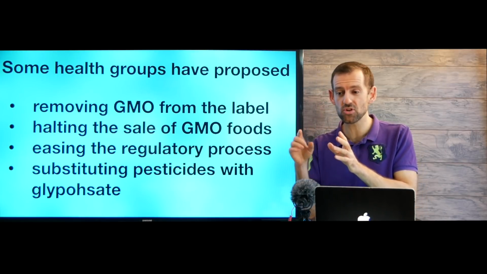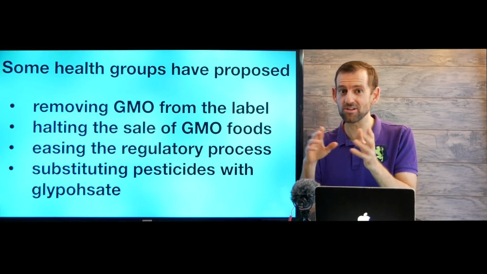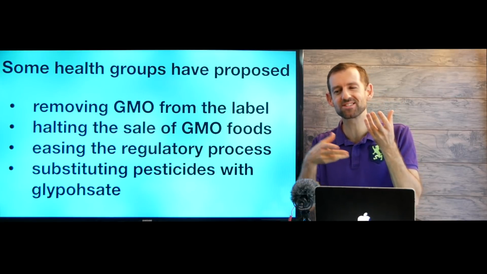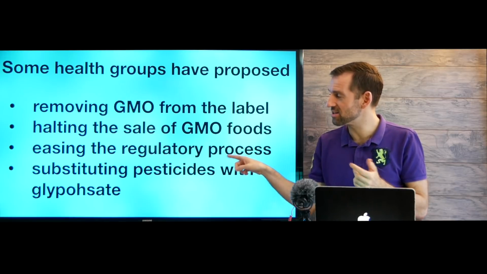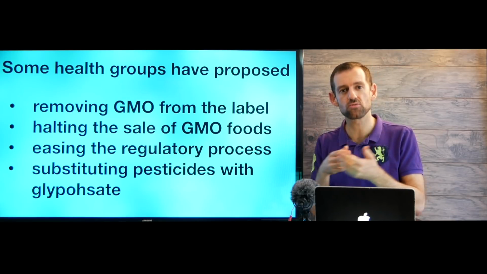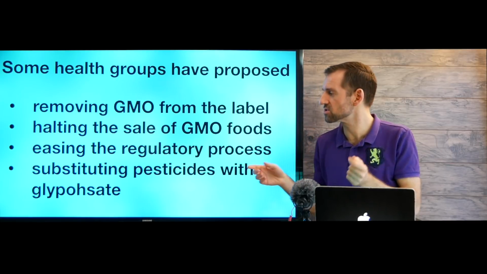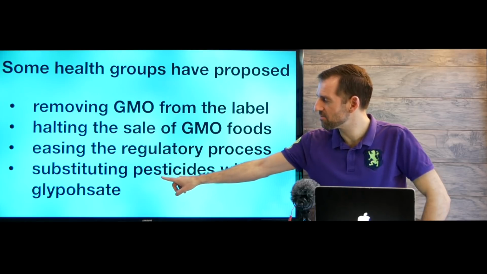Okay, they want to make sure that the regulatory process is working well in regard to this GMO issue. They don't want companies to be able to just do whatever they want, right? So they want regulatory institutions, regulatory bodies to be in place to make sure that this is okay. All right, so this is not the right answer.